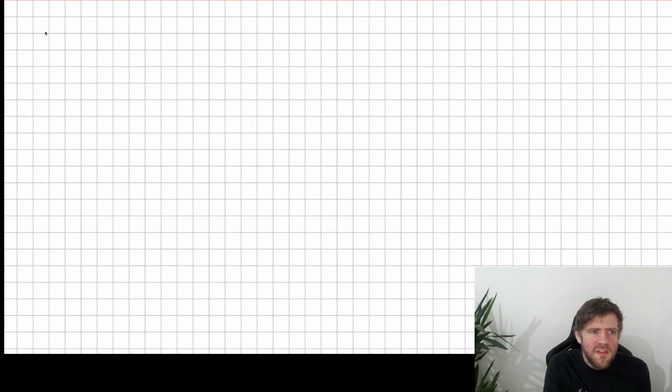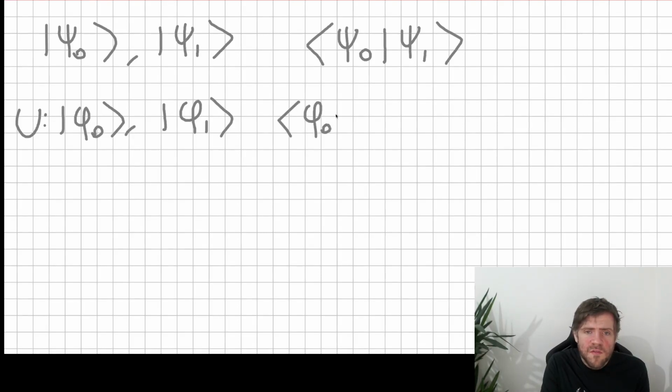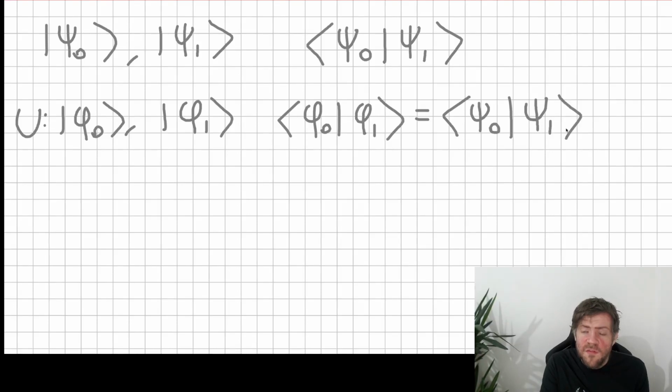If we have a couple of states, psi 0 and psi 1, and we know the inner product of those, and perhaps we depend upon the inner product taking some certain value for some certain reason, then if we were to act upon this with U, turning psi 0 into phi 0, psi 1 into phi 1, then the inner product of phi 0 and phi 1 would be exactly the same as that for psi 0 and psi 1, with exactly the same proof as in the previous slide.